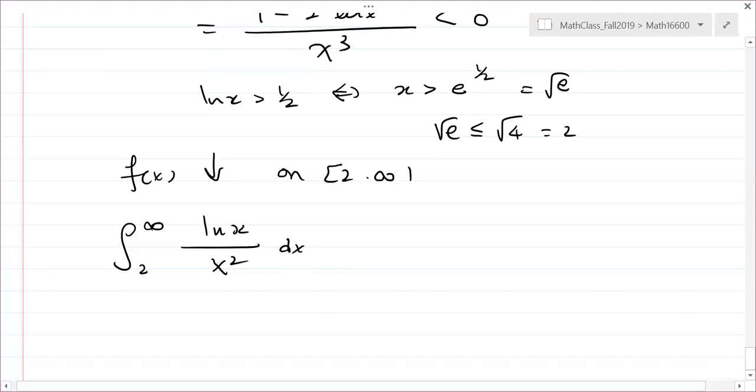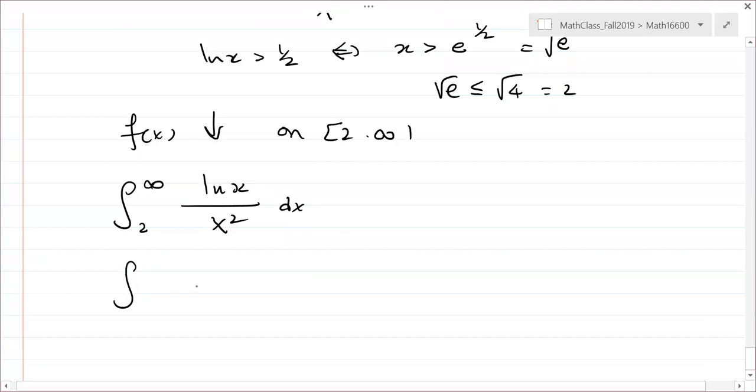So we have to figure this out. If the integral is finite, then the corresponding series is convergent. So the question is, can we prove it's convergent?